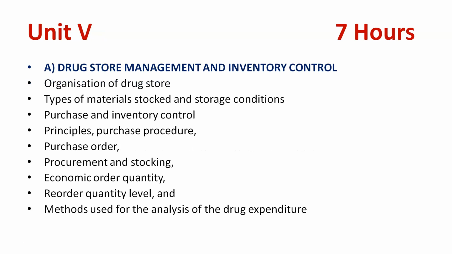Last unit, the time allotted is 7 hours. Here we will be studying about the management and inventory control, drugstore management and inventory control, which includes organization of drugstore, the type of materials stocked and storage conditions, purchase and inventory control, principles, purchase procedure, what is the procedure to purchase the drugs, how to generate the orders, purchase order, procurement and stocking, what is economic order quantity, what is reorder quantity level, and what are the methods used for analysis of drug expenditure.